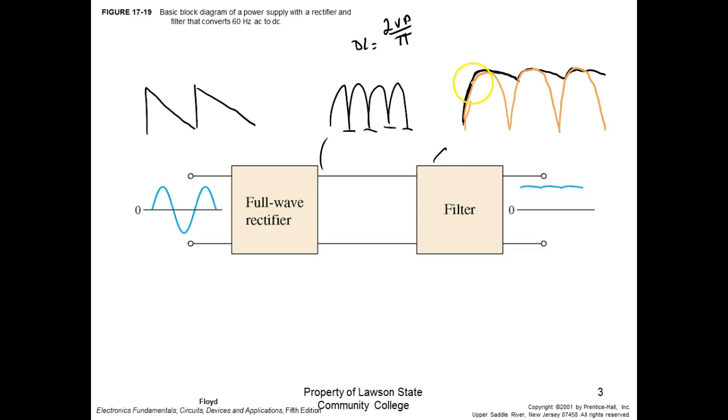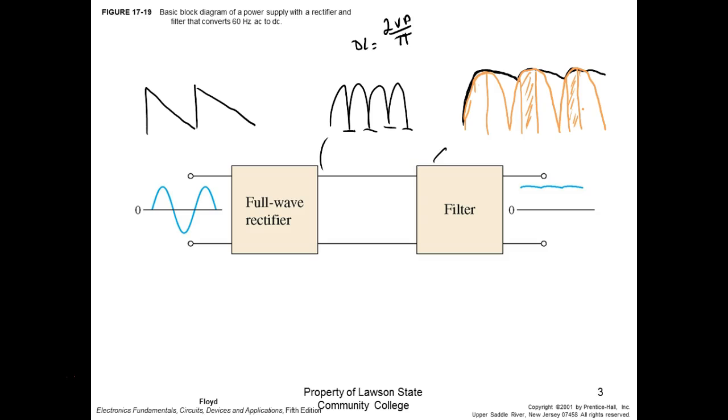So the diodes are only conducting right here, as soon as it starts down. So the diodes are only conducting for a short amount of time. That means we might have a 1 amp diode that we're getting 2 amps out of because the diodes are only conducting for a very short time.